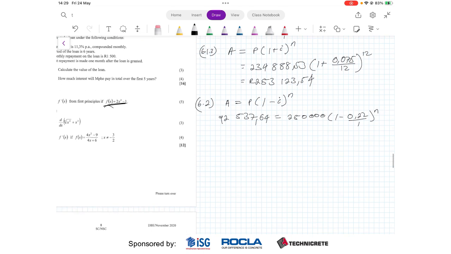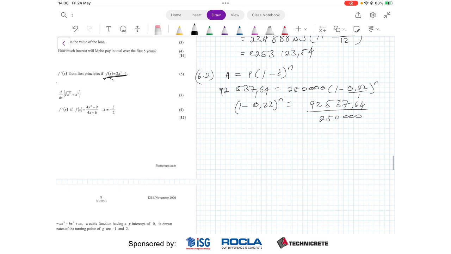So from here we do simple algebra. I'm just going to write this in a nicer way so that it flows better. To the power n is equal to 92,537.64 divided by 250,000. Then from here, using your laws of exponents, if you have a to the power of n is equal to b, you can find that n is equal to the log to the base a of b.